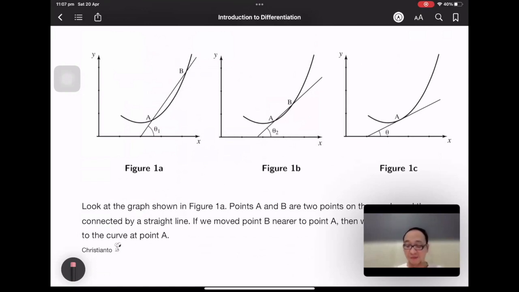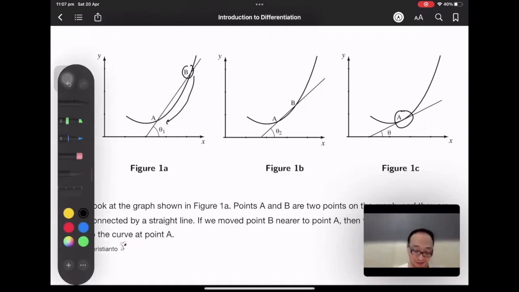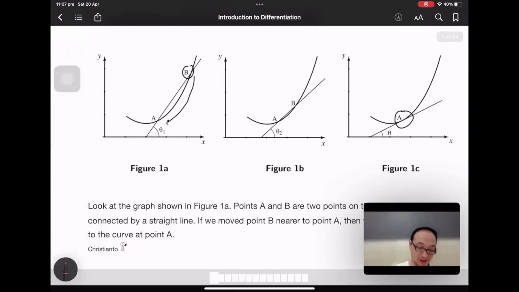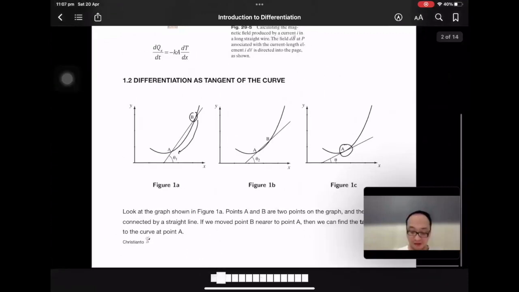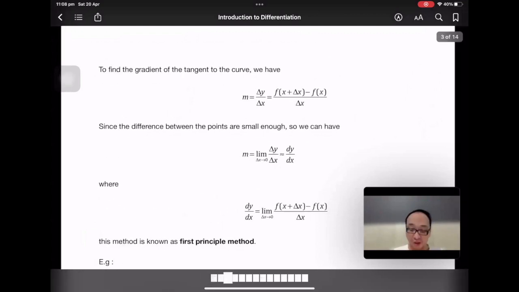Now, to find the tangent, I have to move B close to A, so I have a tangent at point A. If you want to find the gradient of the tangent, we know that the gradient is m, which is rise over run, delta y over delta x.